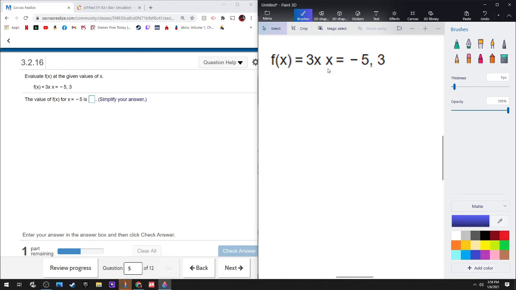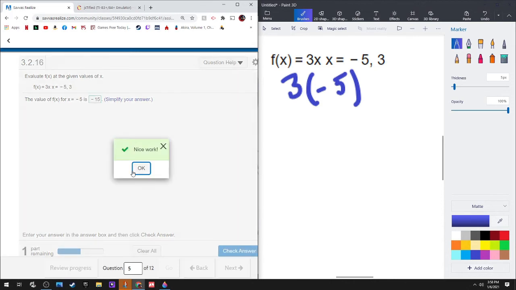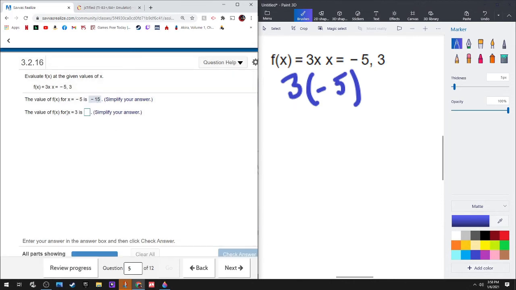So, it's asking for the value of f of x for x equal to -5. If you're wondering, do I just plug it in? Yes. So 3 times -5, which is -15. Wow. Wait, there's another part of the problem. Yeah, because this one gave me that x value, and then it also wants to know, hey, what's y when x is 3?